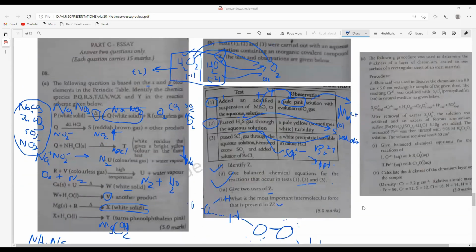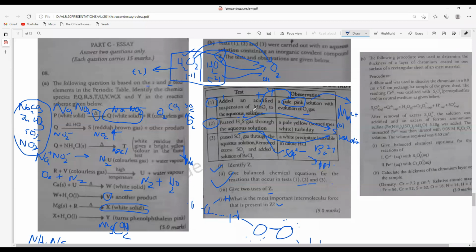Okay, so did you understand this part also? Okay, I guess yes. So the idea of approaching here is you need to identify primarily in the first test what is going to form oxygen. That is the first one.